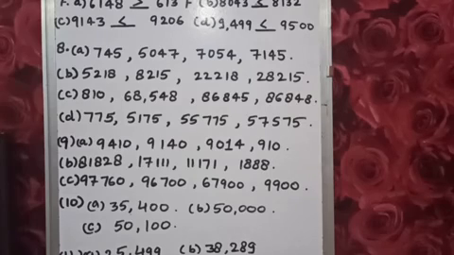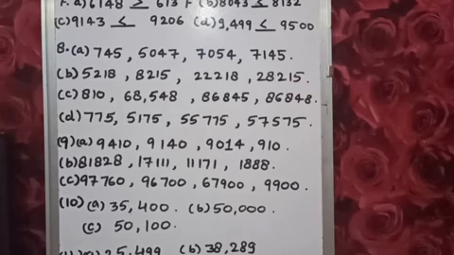Now let's see question number B. Question B is 49,999. So what will be the just next number of 49,999? Yes, it will be 50,000. Okay, 50,000. Clear? Now let's see question number C. So question C is 50,099.